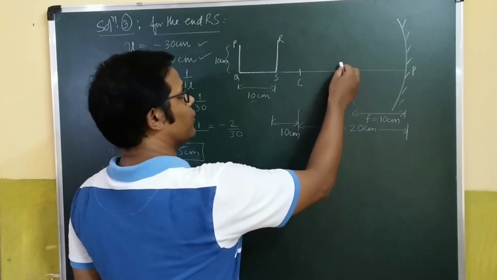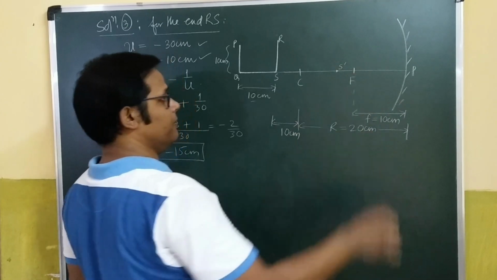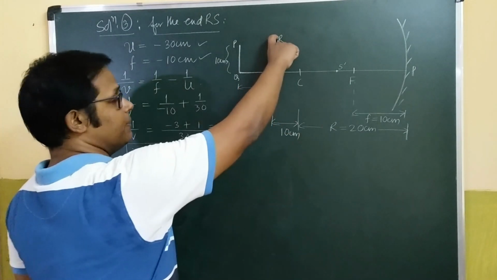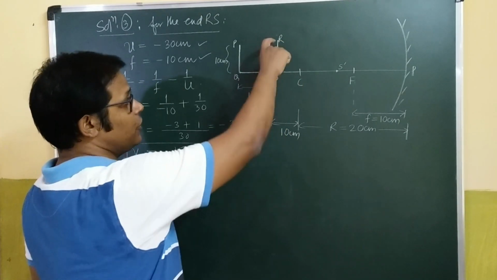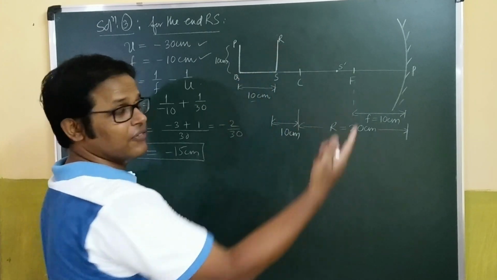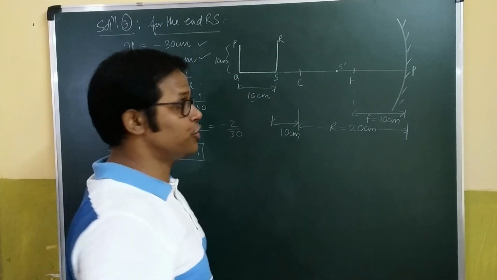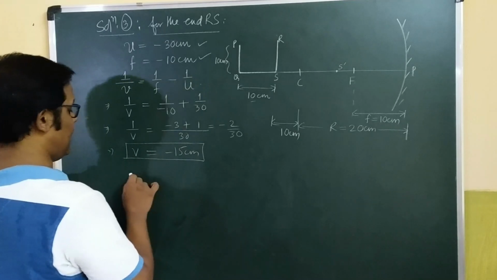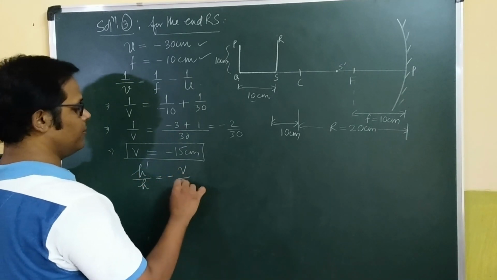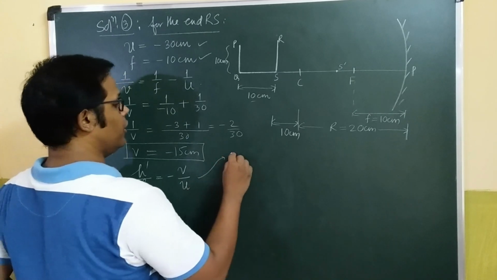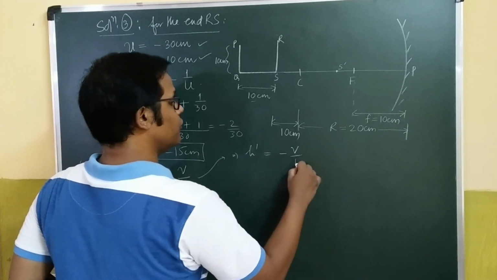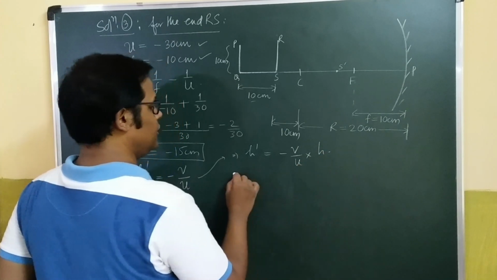So somewhere here, let us say, this is where you're going to get your S prime. I'll make the entire height also once I know the height, because I know that if it was treated as a single object RS, then definitely the size would have been diminished. So let us quickly find out the height here. h dash by h equals minus v by u. So h dash equals minus v by u multiplied with h.